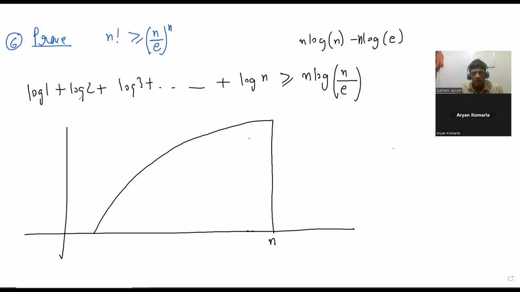Let's say that you have log 2. So you have 2, and this height is log 2, right? So the area of this rectangle is log 2, because this graph is x comma log x, that's what the points are.